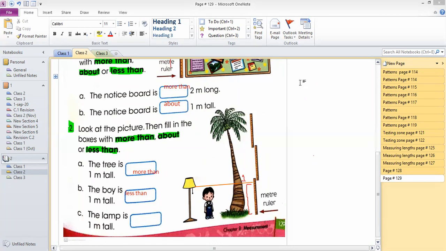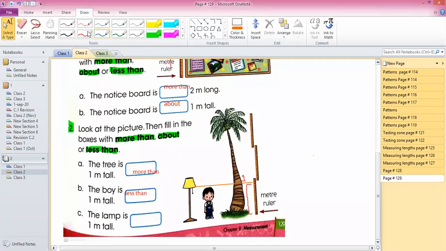Now, guys, you have to check, the lamp is dash 1 meter tall. So you can see, guys, that this is the length of the lamp. Okay, so this is 1 meter, and you can see that it is more than 1 meter.